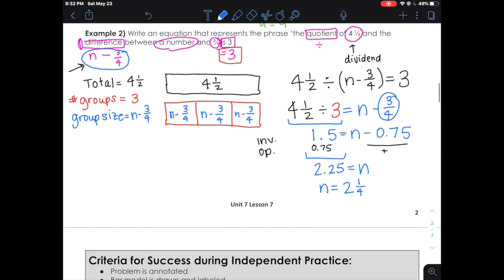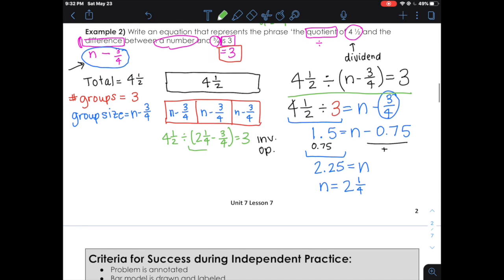Okay, so let's perform a quick check to make sure we got the right variable, and we're going to put it into our original expression, which is this one here. So we have 4.5 divided by n, which is 2 1/4, minus 3/4 should equal 3. So I have to solve within here first.